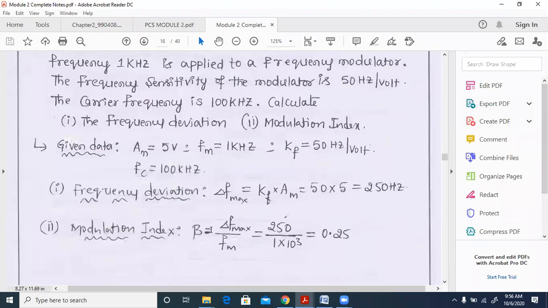Then modulation index beta is equal to del F max divided by FM, that is 250 by 1 kilohertz, and that will give 0.25. Because this beta is less than 1, you can say that this is referring to narrow band FM.